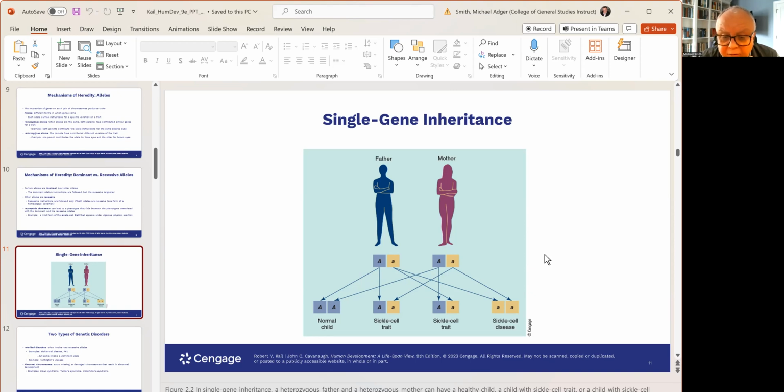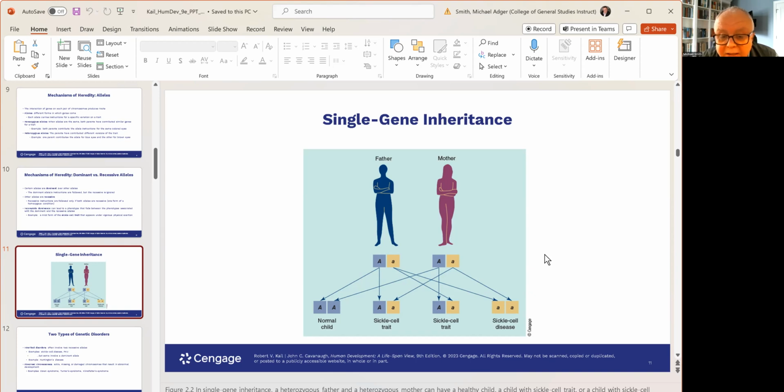So in this example, we have a single gene inheritance here. We have a father and a mother, and they would both give the A, say, for sickle cell trait. Both would contribute the double A or the small a, so they could have four different genetic type children.